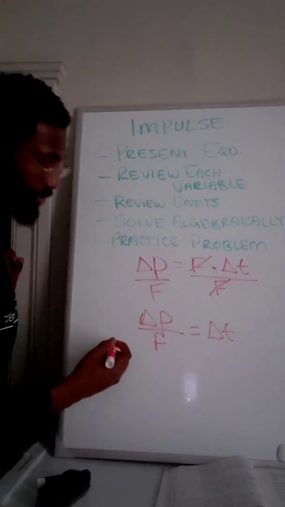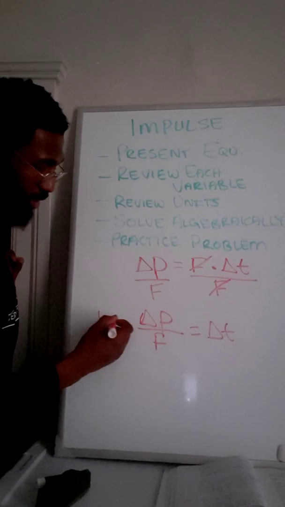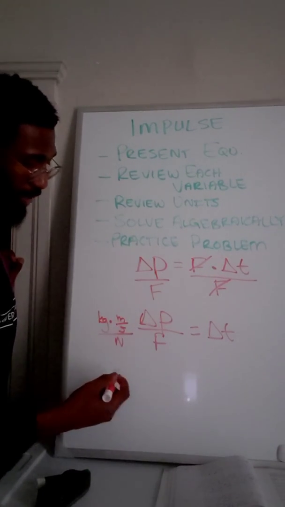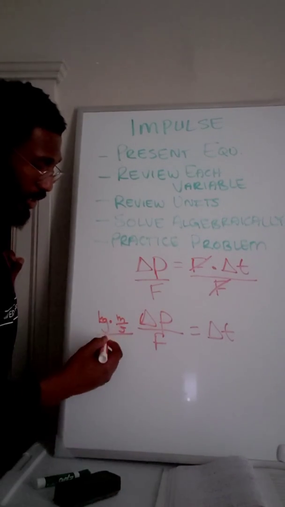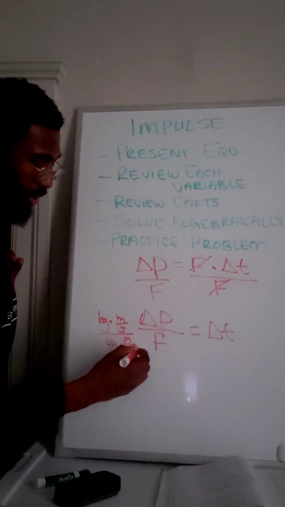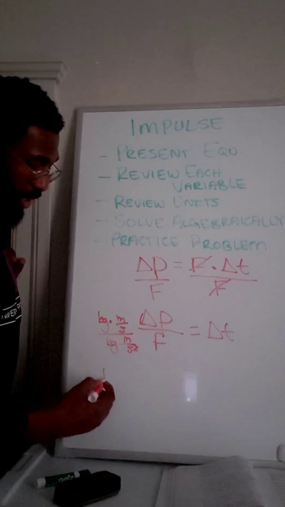Now let's see how those units work out. So that is kilograms times meters per second divided by newtons. Okay. Now we already said a newton is equal to a kilogram times meters per second squared. So we're going to go ahead and do this in our keep change flip rule.